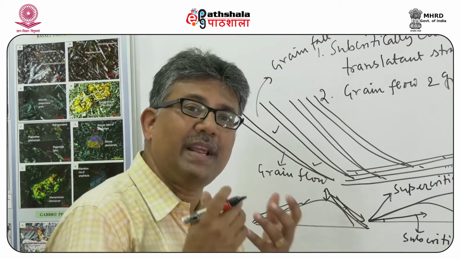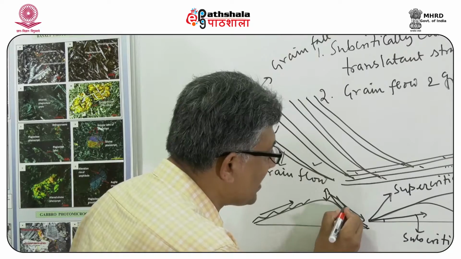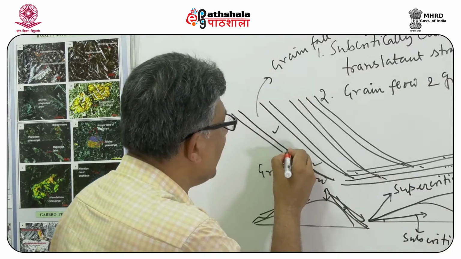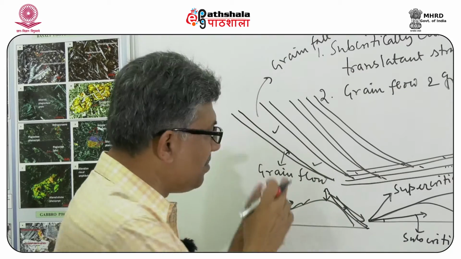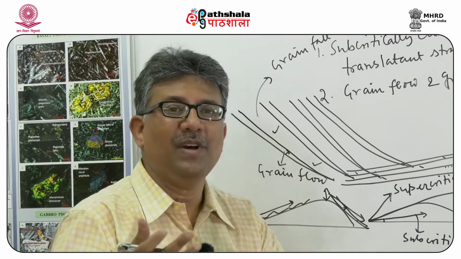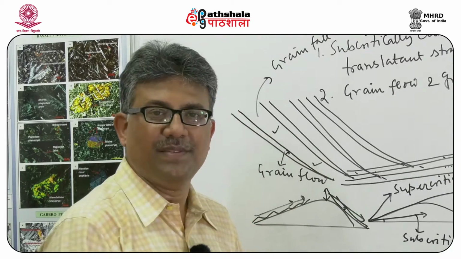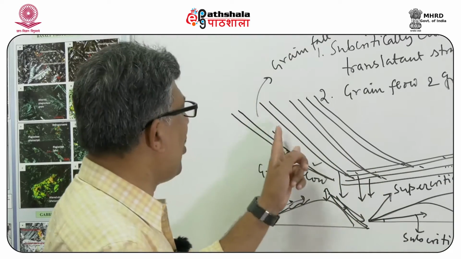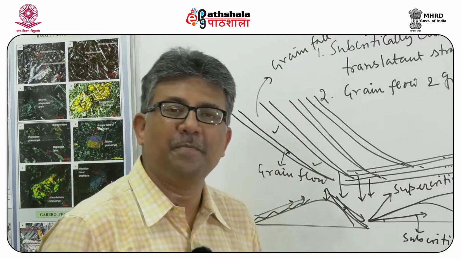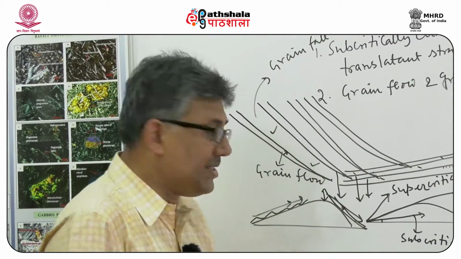And as you know, in a grain flow process, reverse grading is the criterion, so I will expect reverse grading within it. But once this avalanche takes place, before the next avalanche there is a time when migration is taking place but the angle of repose is not crossed. During that time, suspension settlement from the air causes the formation of the grain fall.